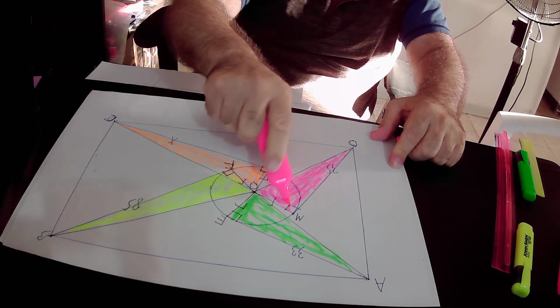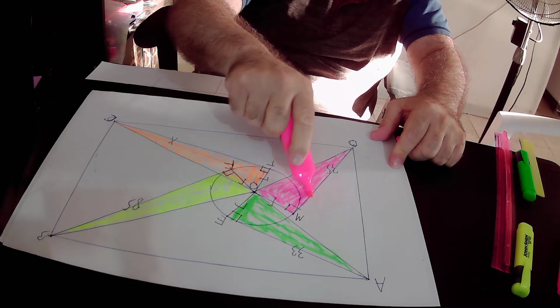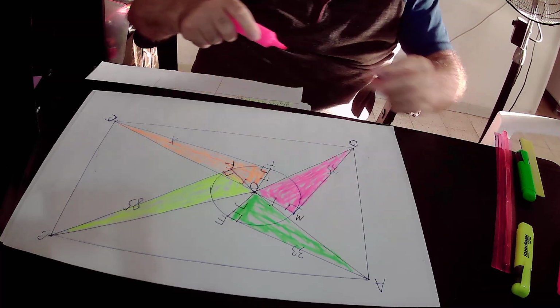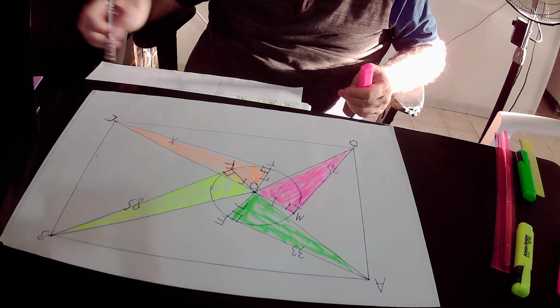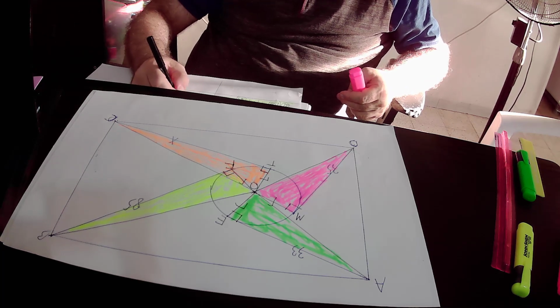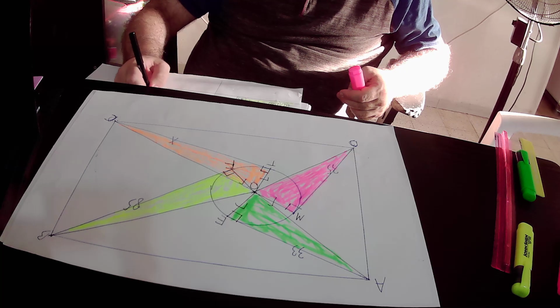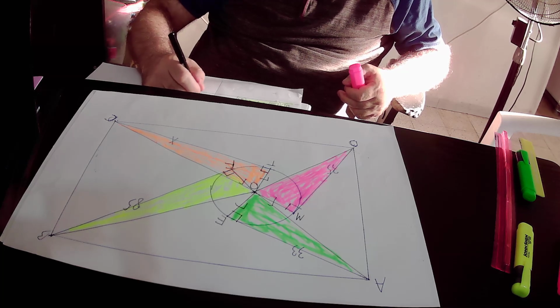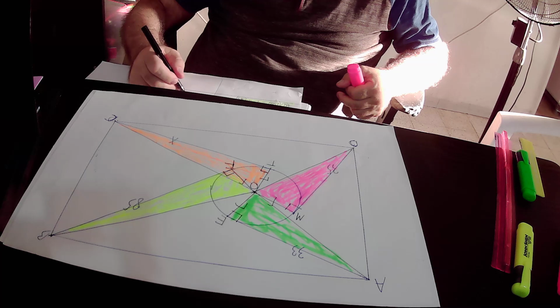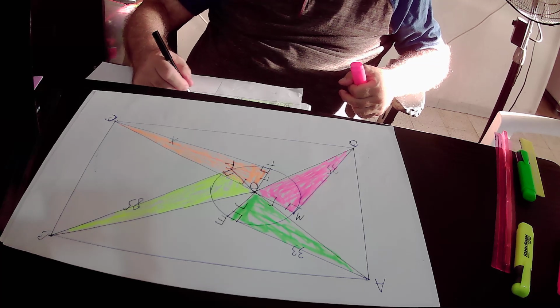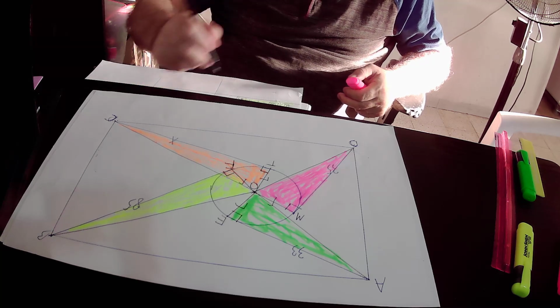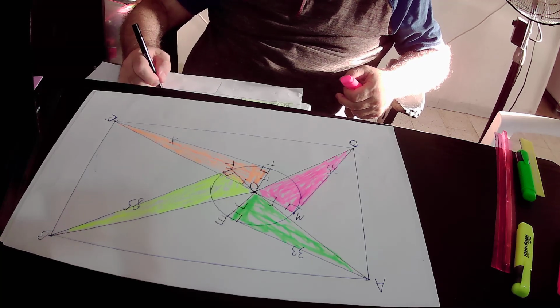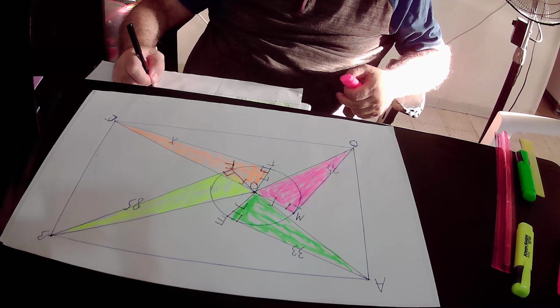In the right pink triangle, triangle DMO, by PT, DO square equals MO square plus DM square.